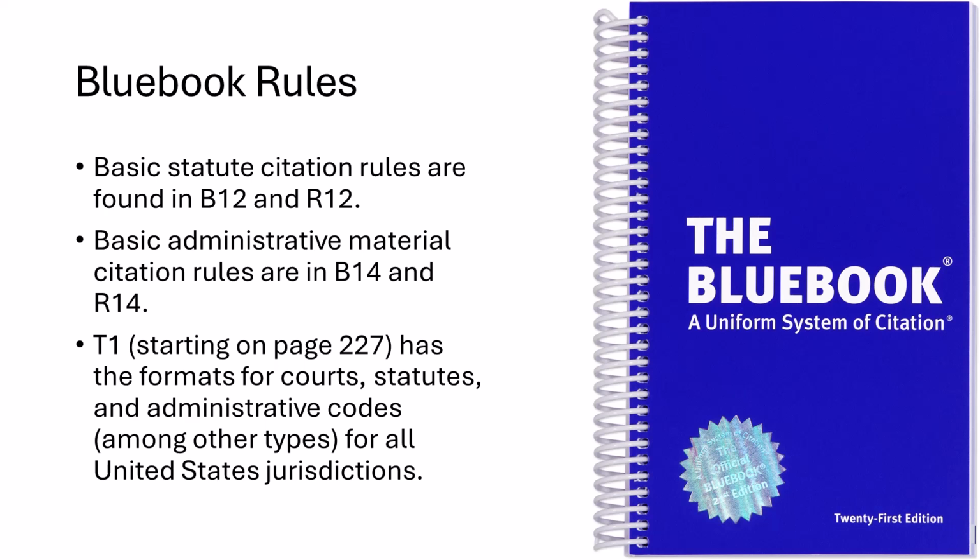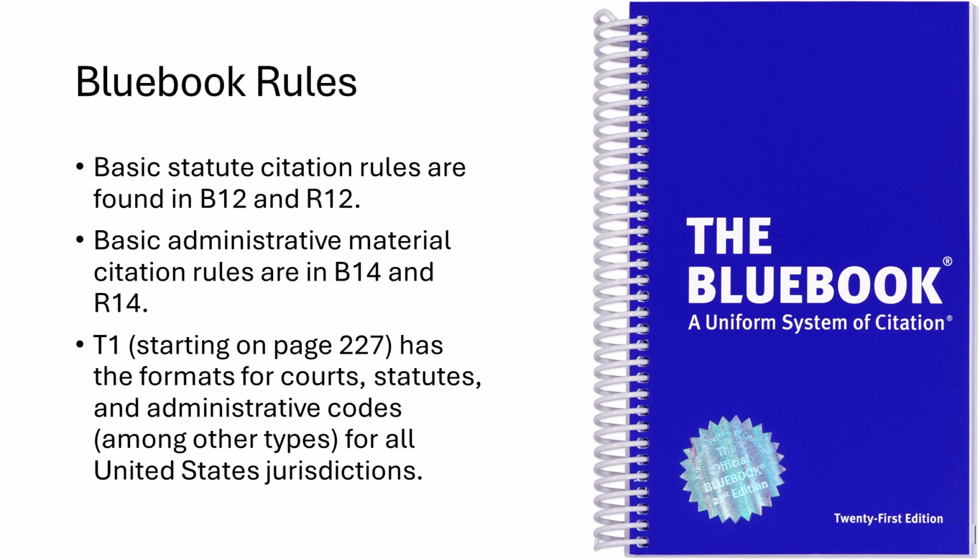So in Rule 12, you will see not only the way you would reference a United States Code section, there are also references to how to cite session laws, how they may appear as a public law citation, how they appear in Statutes at Large, and there are examples of state codes as well.